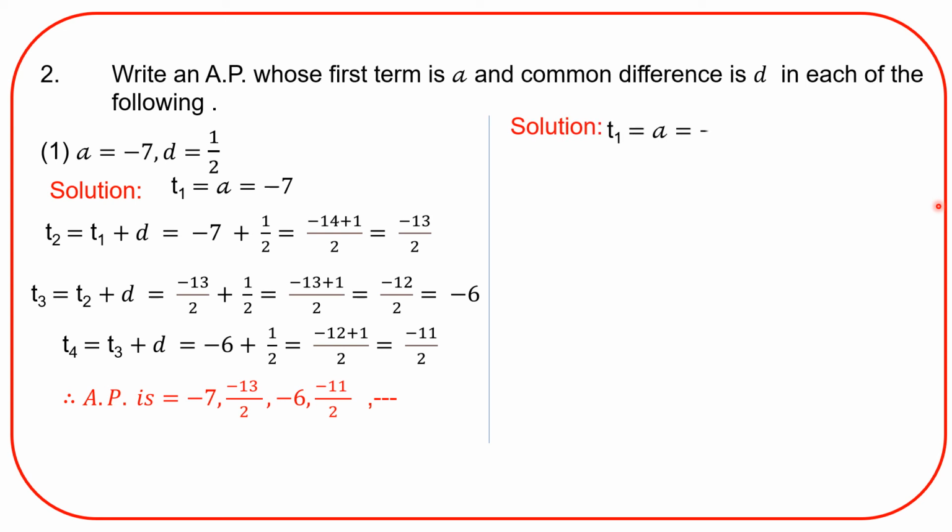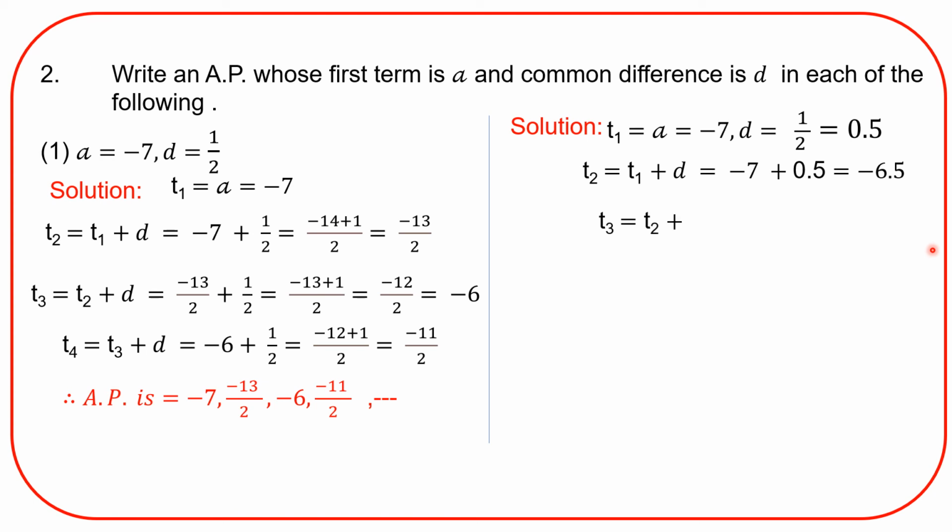T1 is equal to A is equal to minus 7 and D is equal to 1 upon 2 is equal to 0.5. Here we convert fraction in terms of decimal fraction. T2 is equal to T1 plus D is equal to minus 7 plus 0.5 is equal to minus 6.5.